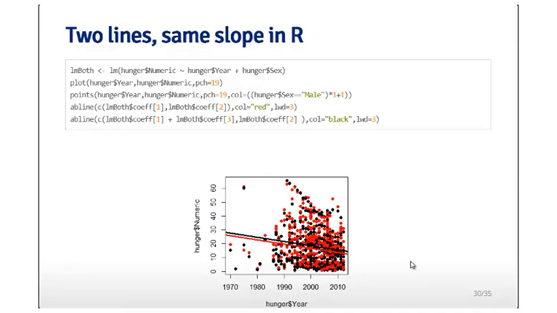When you look at these two lines, I know it's a little hard to see, but when you do this yourself at home, you'll see that these are exactly parallel. Of course they're parallel because our model said there's a gender variable that gives us a different intercept for the genders, but our slope variable, year, is not interacted with gender.